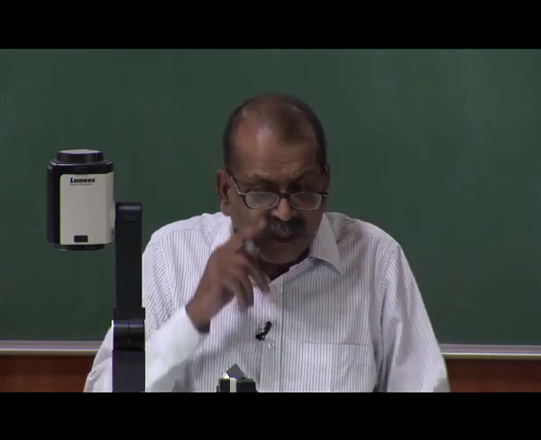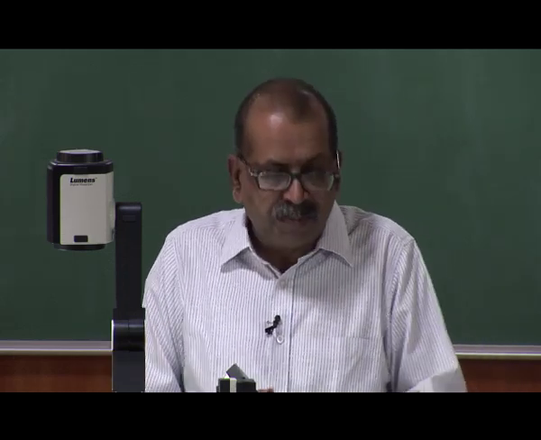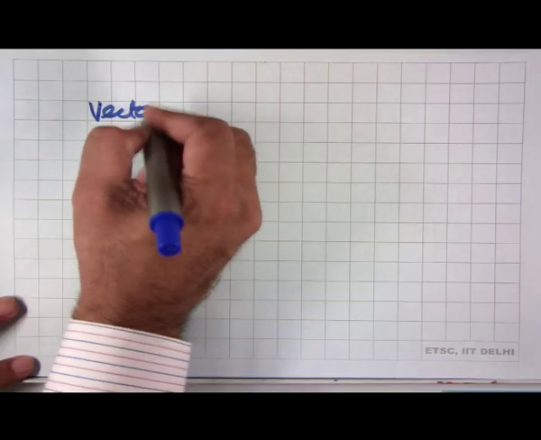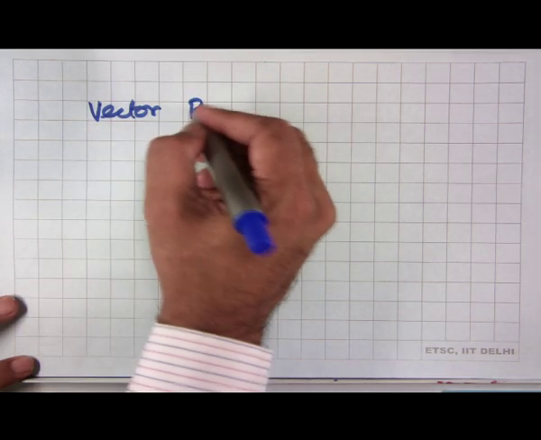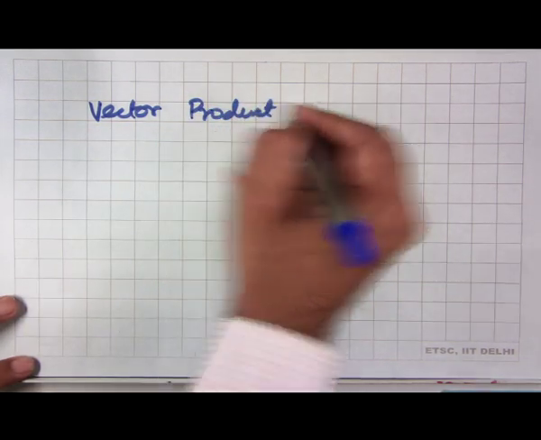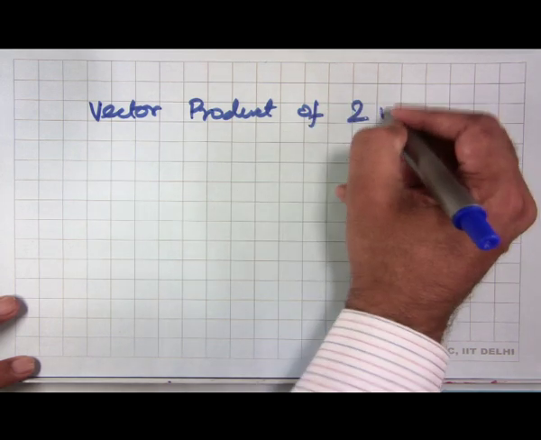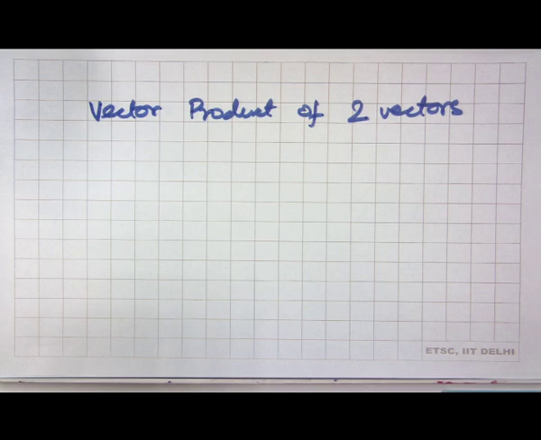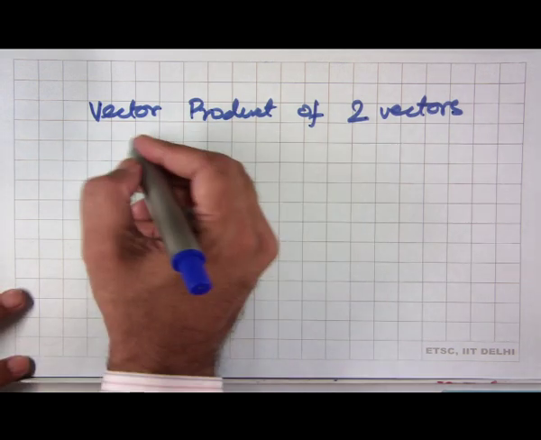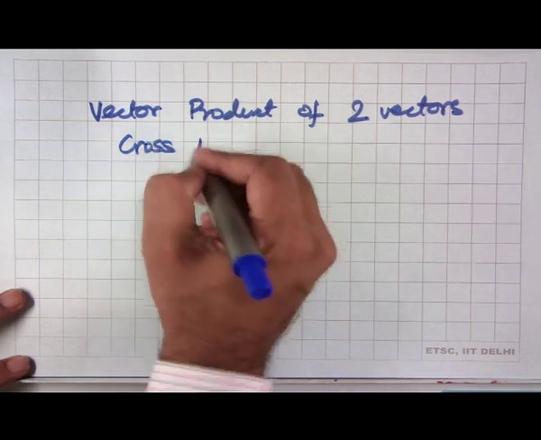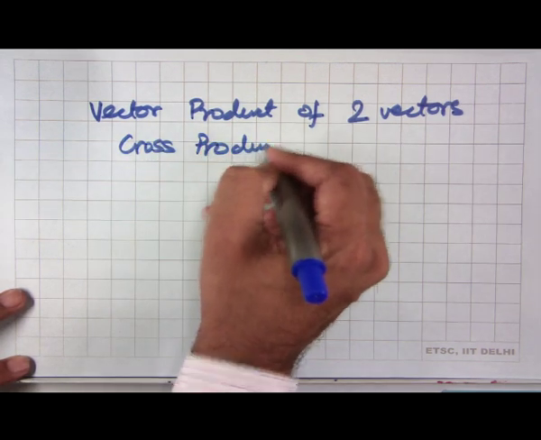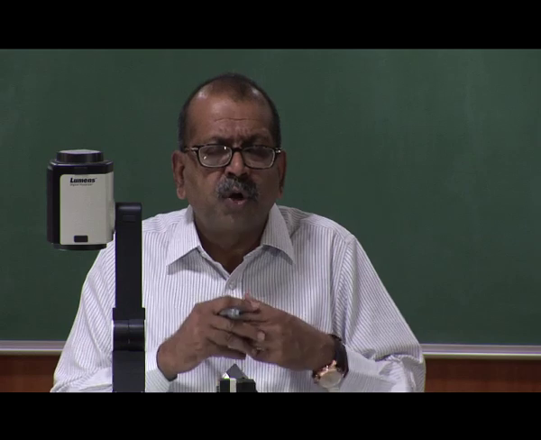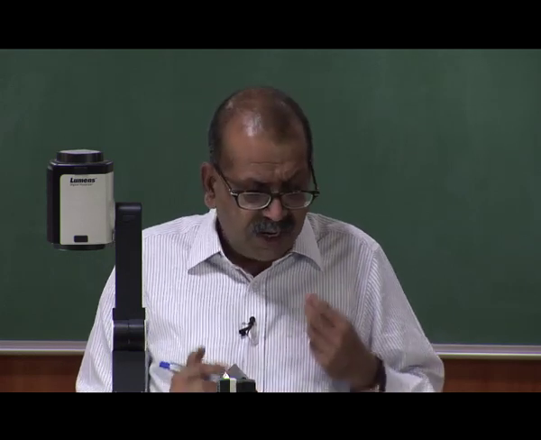Now, having seen the first type of product, let us look at a second type of product, which is called the vector product of two vectors. This product is also called the cross product. As we saw in the scalar product, the product of two vectors was a scalar.